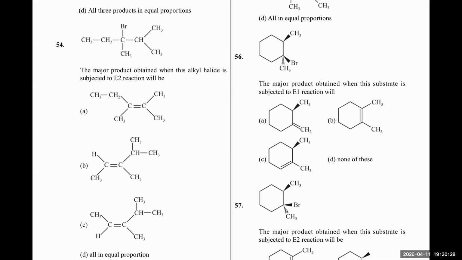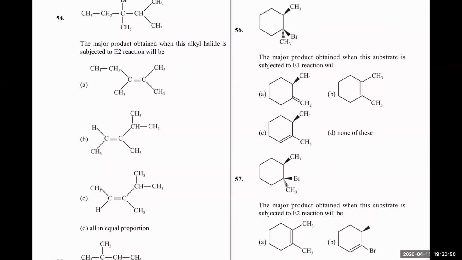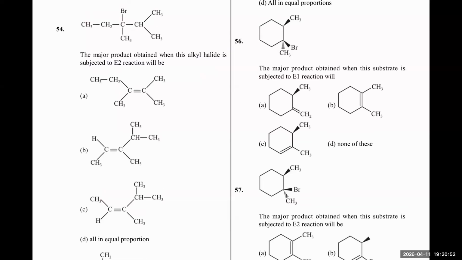For the E2 mechanism, you should think in the regular way. So Br is gone, so H plus can be removed from here. Getting a double bond here will make it more stable. So which one is that case here? This one, the A case. The first one is the major product.